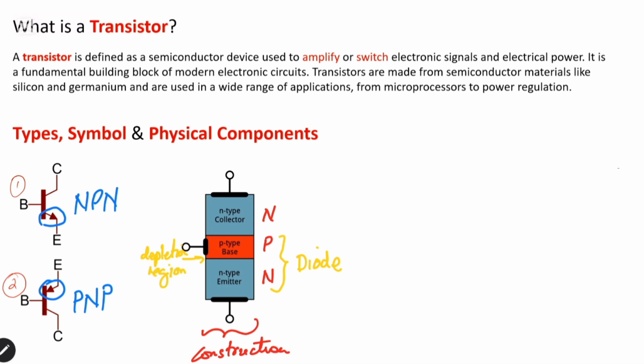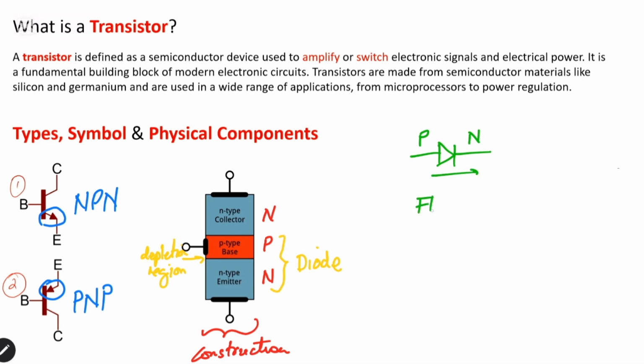With this diagram in mind, we can generate a diode equivalent circuit. The symbol of a diode that we looked at previously is something like this, where you have the p-type and the n-type, and current is allowed to flow in one direction.